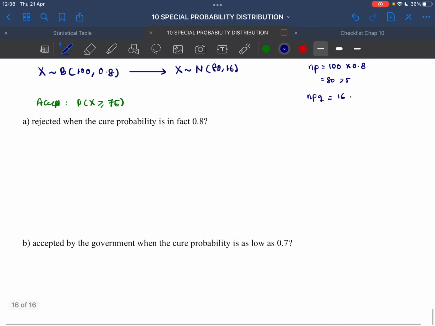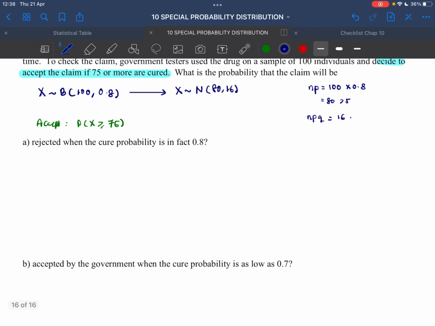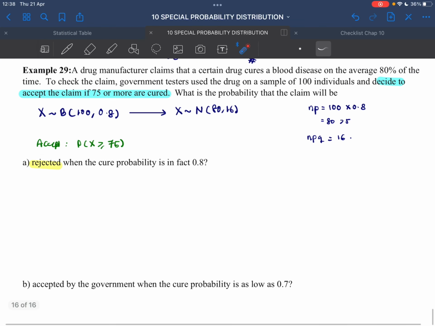Okay, so now the question said, what is the probability that the claim will be rejected when the cure probability is in fact 0.8? Okay, so rejected. Here the question said rejected. Okay, when the government accept the claim, it is X greater than equals to 75. That means if the government reject the claim, so that will be P(X) less than 75.